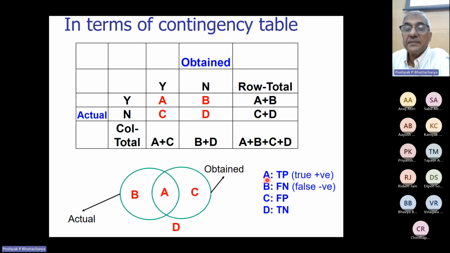So A is true positive, C is false positive, B is false negative, wait a sec, and D is true negative. Oh, this is obtained. Okay, so this is the obtained class and this is actual. So therefore C is false positive, fine. Okay, and B is false negative.